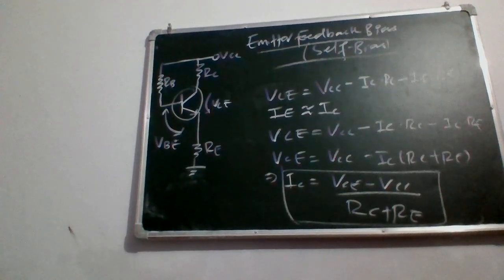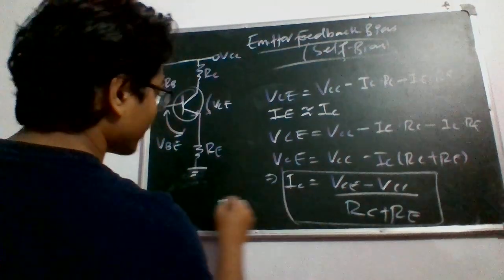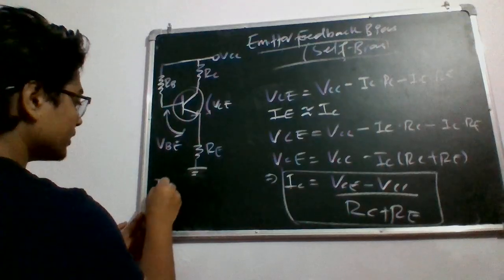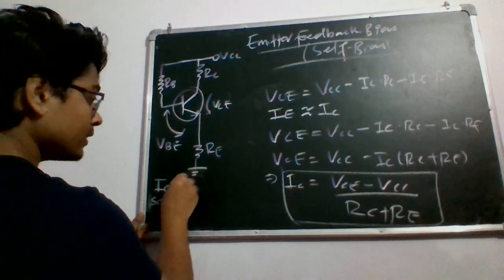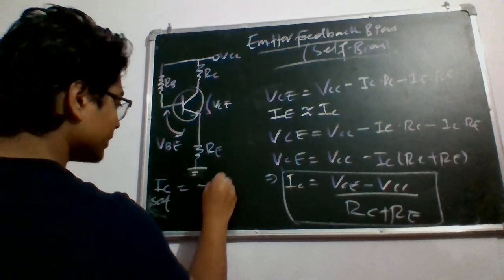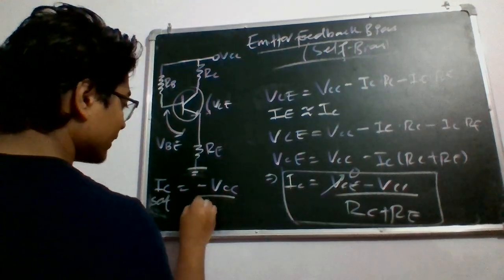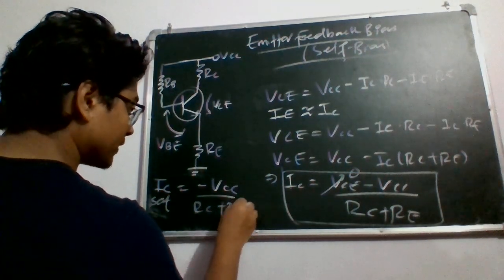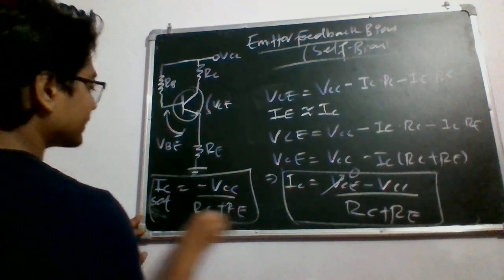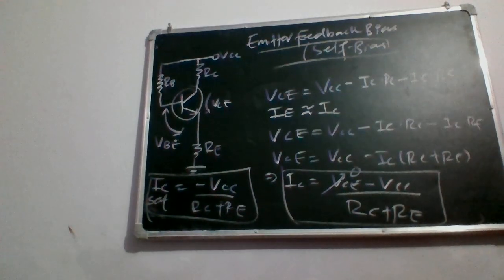Okay. Now, if you want to find the saturated collector current, you just set VCE equals 0, and the expression so obtained is the saturated collector current.